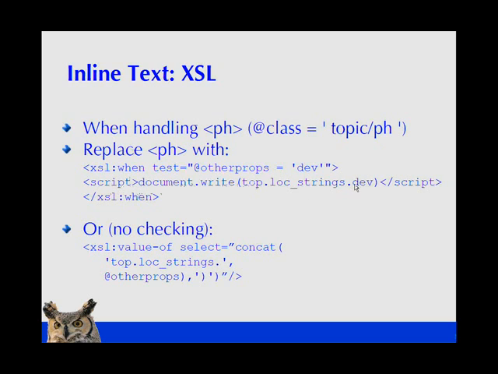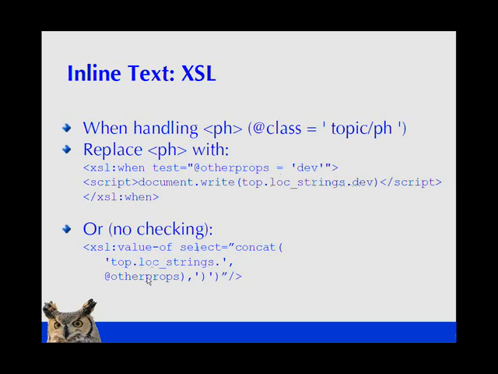Now, as I was looking at it, I also realized there was another approach we could have taken. Instead of hard coding this, when we do script document.write(topLookStrings.dev), or now display name, what we actually could have done is just said concat, which is the XSL function to build a string.